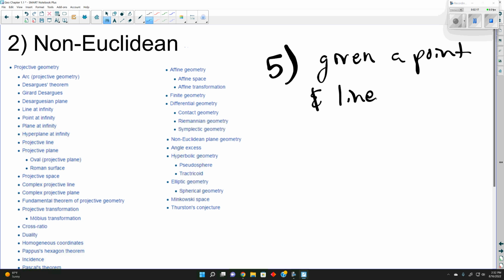If that is true, then it's going to be considered Euclidean geometry. So if I draw a point and a line, then there's exactly one line through that point that will be parallel to that given line. If it does not hold true, it's considered non-Euclidean geometry. So spherical geometry, geometry on a sphere, does not hold true for this. Because on a sphere, this is not going to be necessarily true.